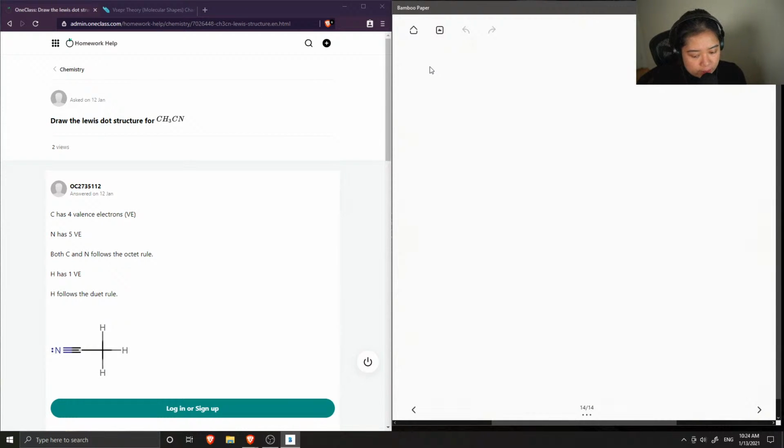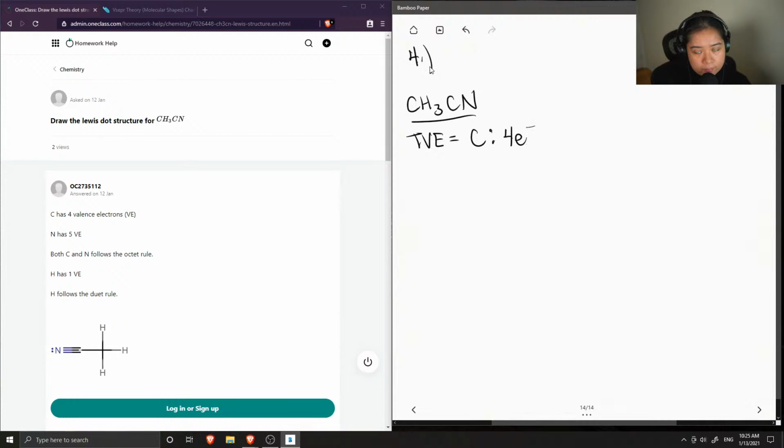Okay, so question number 4 is to draw the Lewis dot structure for CH3CN. So first let's find the total number of valence electrons. Carbon contains 4 valence electrons, and there are 2 carbons, so we multiply this by 2.